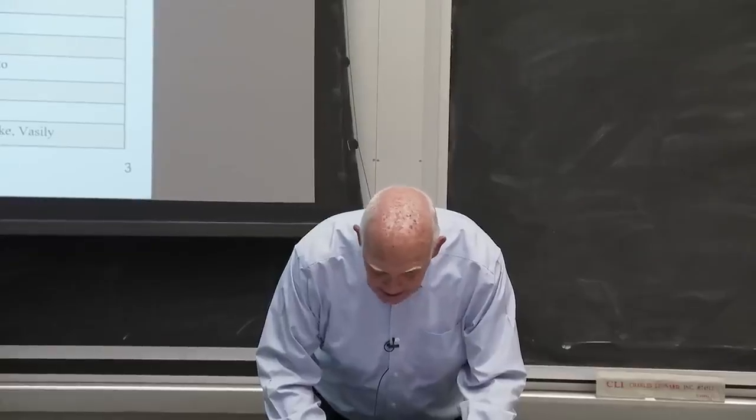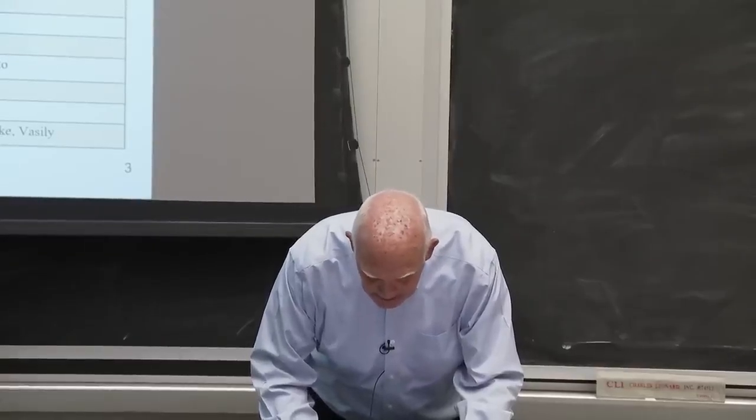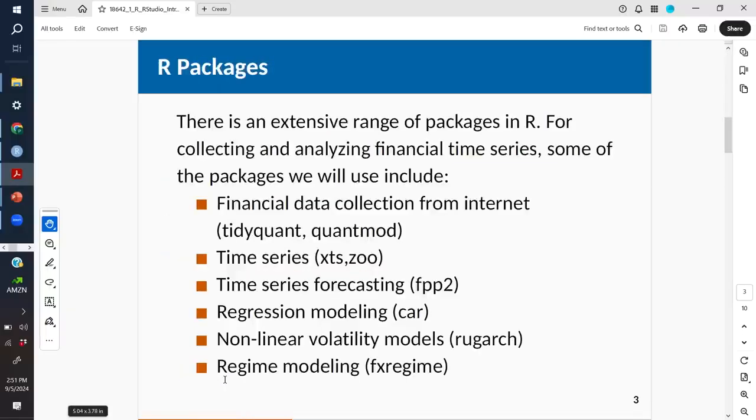a slide showing this. Let's see, one of the reasons for using R is that it gives you immediate access to state-of-the-art statistical methods that get developed. But in addition to that, it facilitates the downloading and collection of financial data from the internet or from other sources that you might have access to. But one can see issues like nonlinear volatility models, regime modeling.